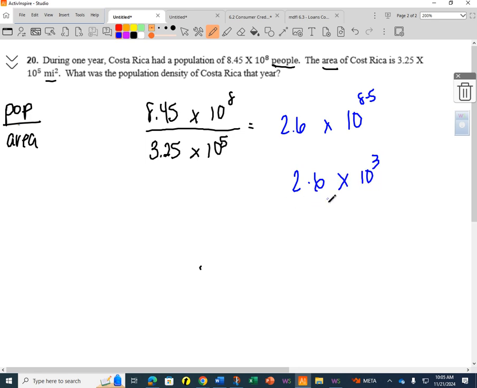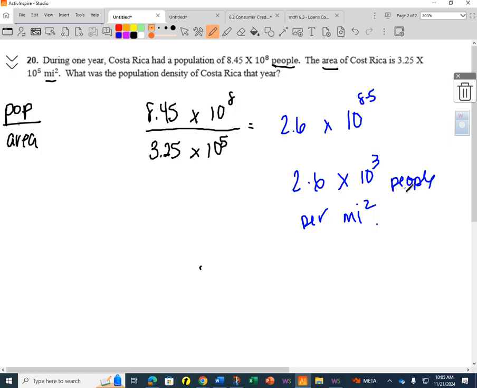Is that expression in scientific notation? Is this number between 1 and 10? Okay. Now, you should say 2.6 times 10 to the 3rd people per square mile, and you can do it just like that.